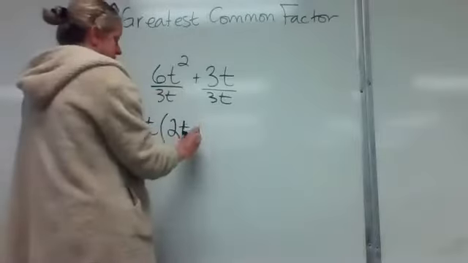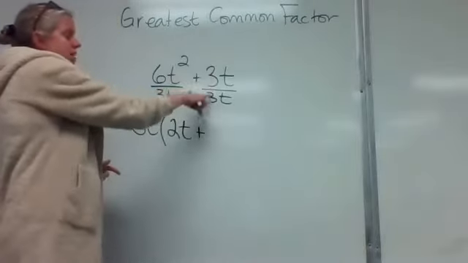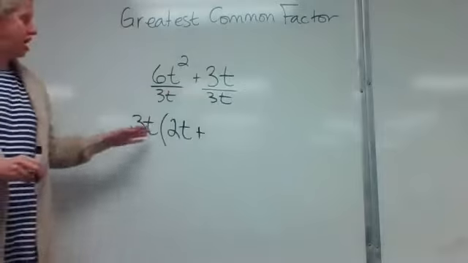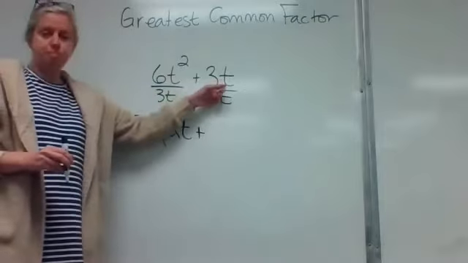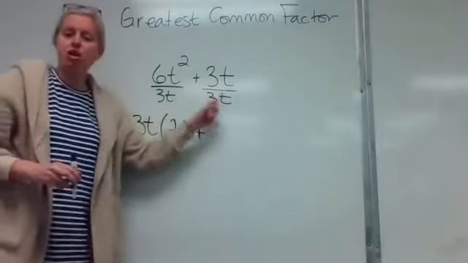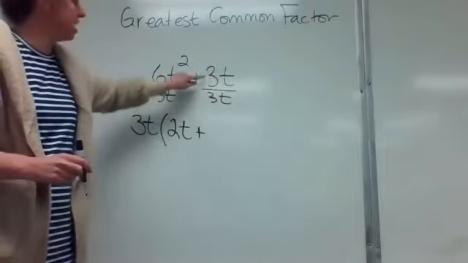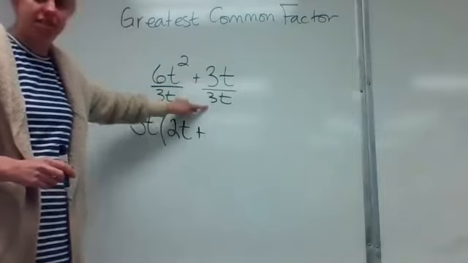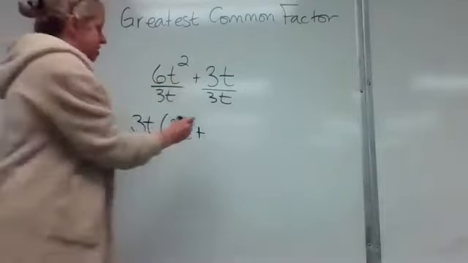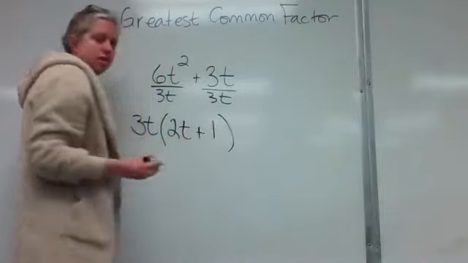Bring down my plus. Now here's a good reason to write that 3t under there. I pulled a 3t out, but I only had a 3t. But when I look at it like this, what is that number that is left? Anything over itself. If you divide something by itself, you are left with 1.